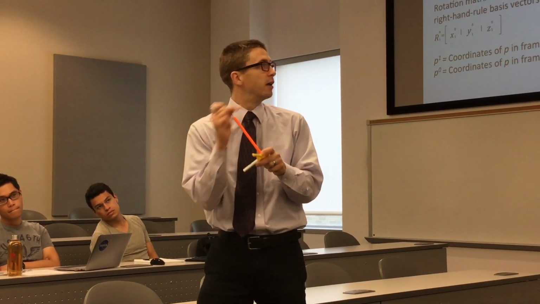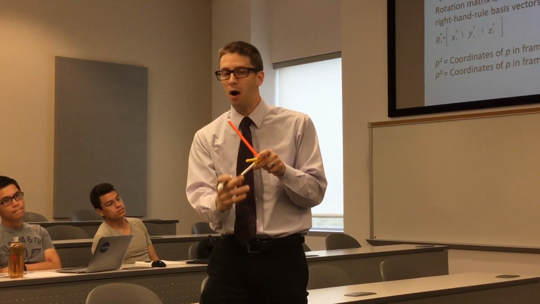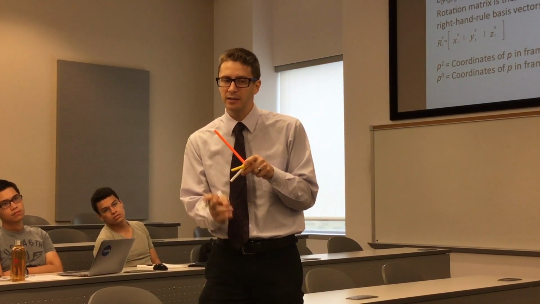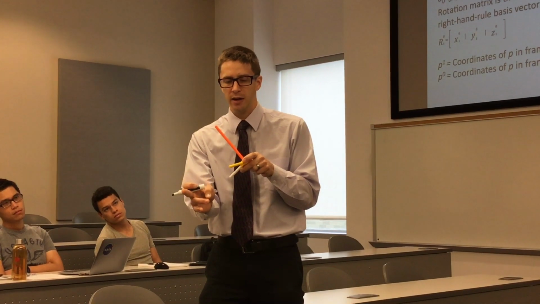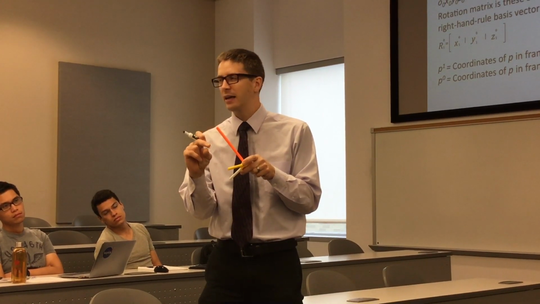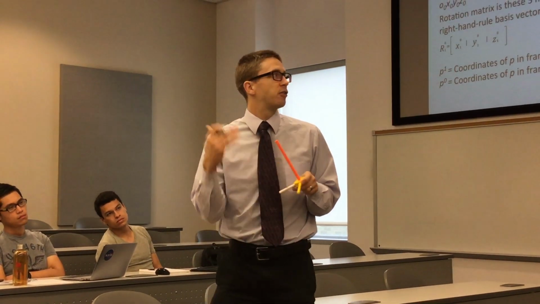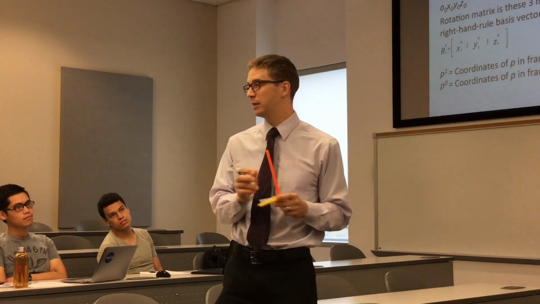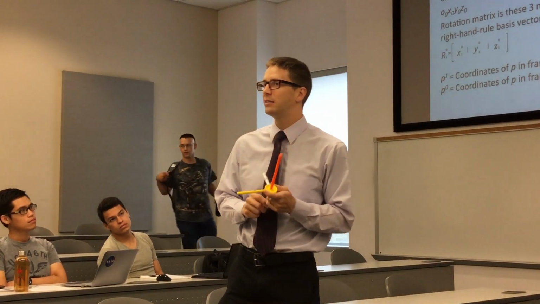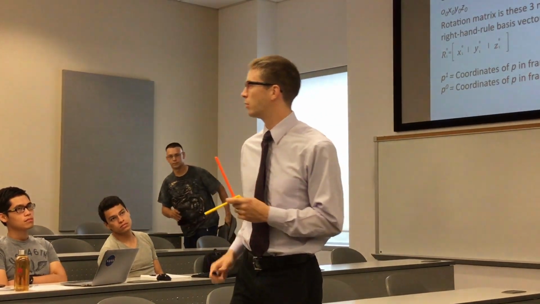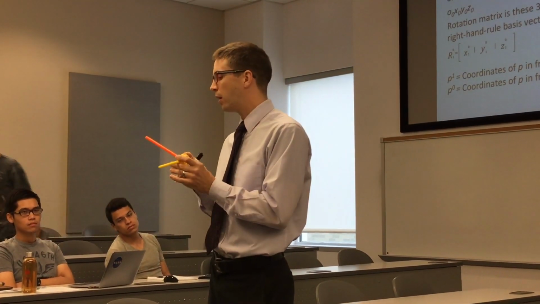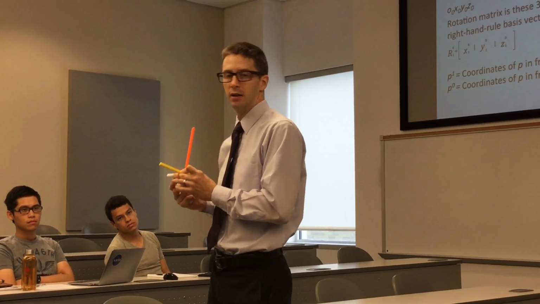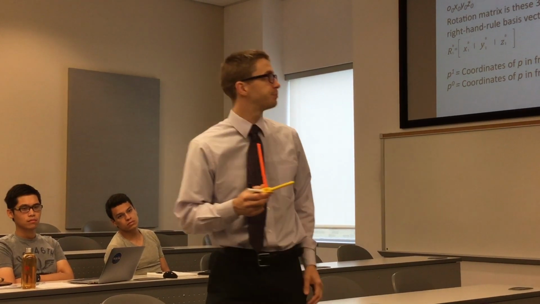And then the second column is where is this Y in the base frame? You see it's a little in the negative X, a lot in the positive Y, and maybe a tad in the negative Z. And then the third column is what is this Z vector in the base frame? That's the mystery behind these rotation matrices. They're telling you where each of these coordinate vectors, these base vectors, are in that base frame.